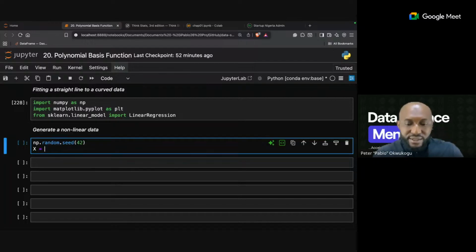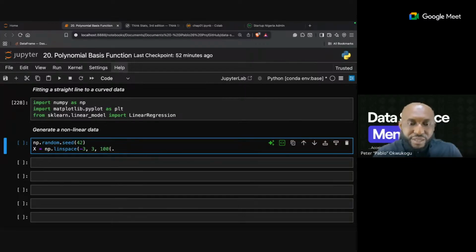So I'm going to create this using np.linspace. We use np.linspace to create a linear distribution of features, right? So we start from -3 to 3, and then we have 100 features here.